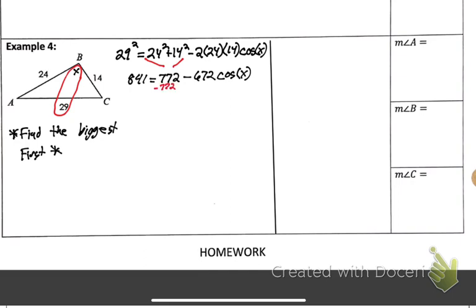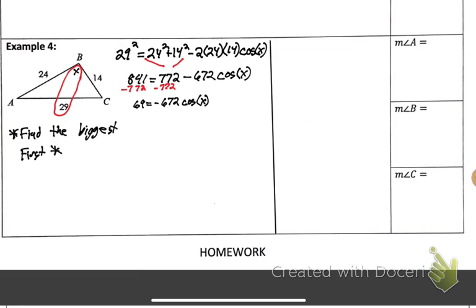So we'll divide by 772. Let me make sure all my numbers are correct so far. We're good. What is that? 69 equals negative 672 times cosine of x. How do I move that negative 672 to the other side? Should I use addition or division?